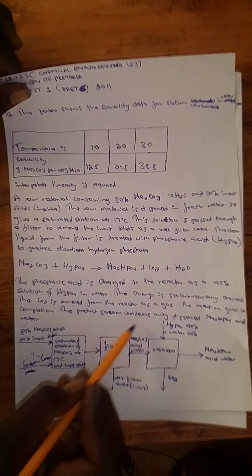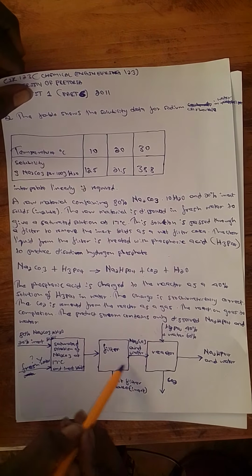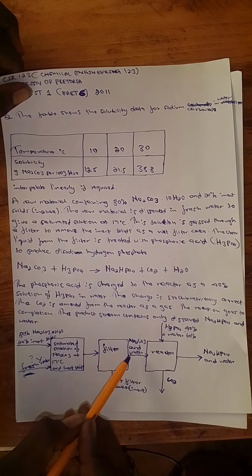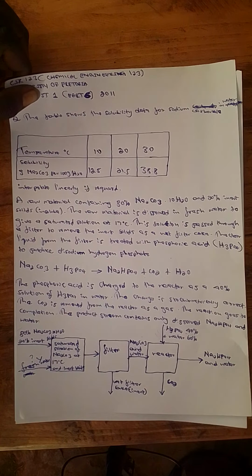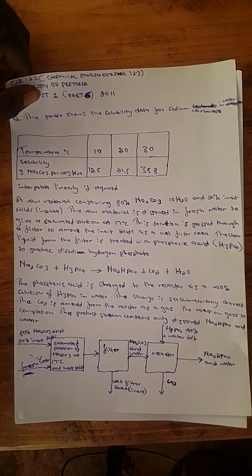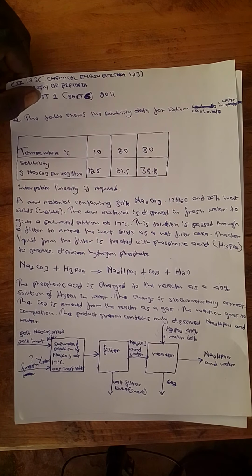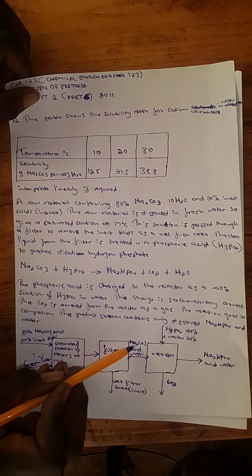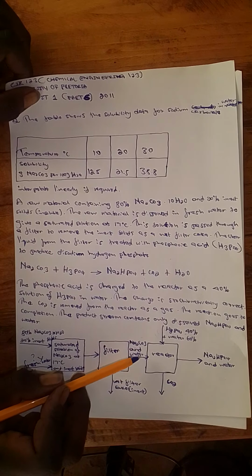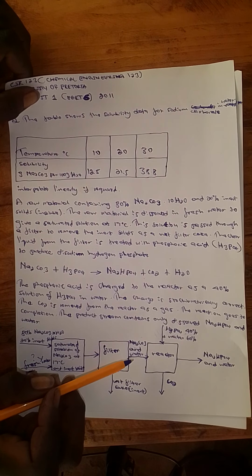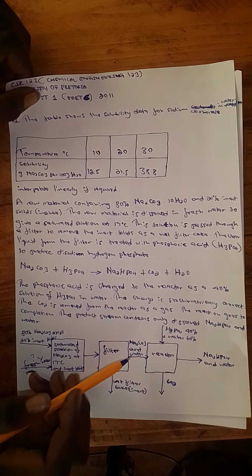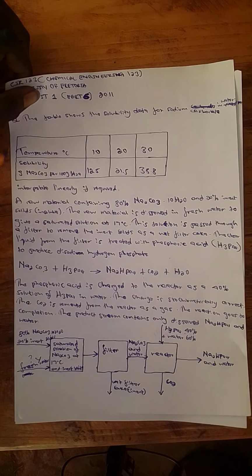We're told to use 100 kilograms per hour of the Na2CO3 and water as a basis. And we have already calculated that the Na2CO3 into this stream is 15.825. That is what we calculated in 2b.